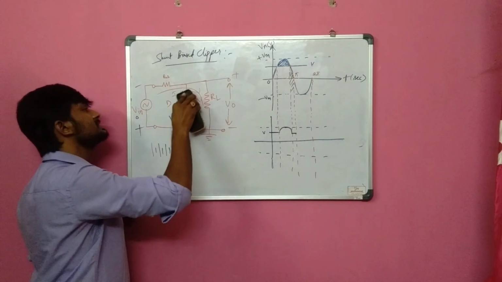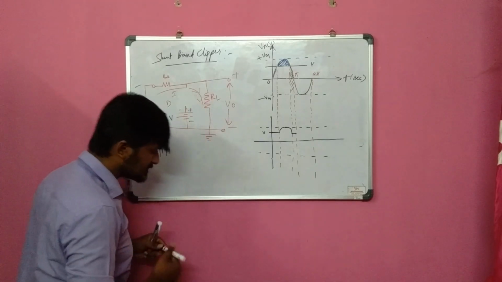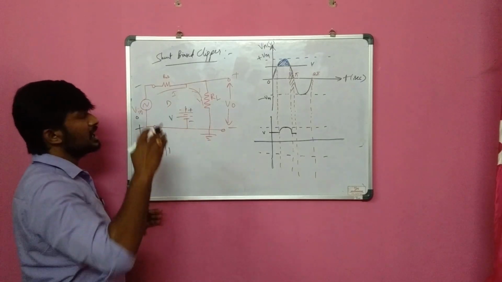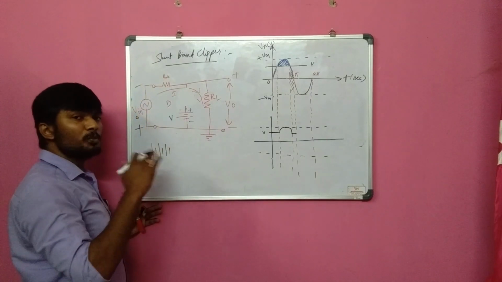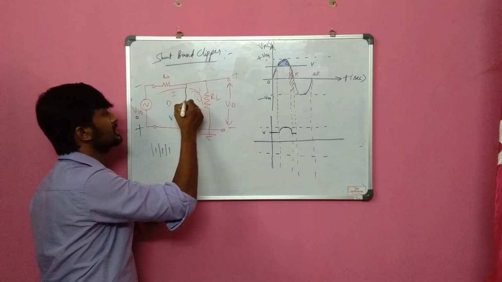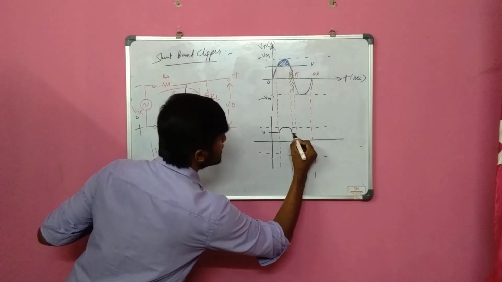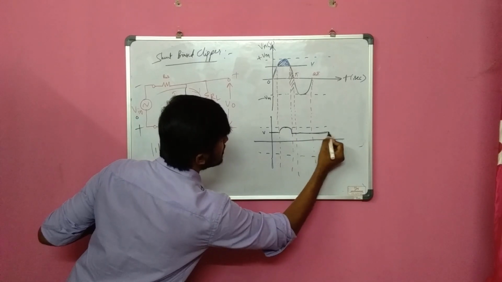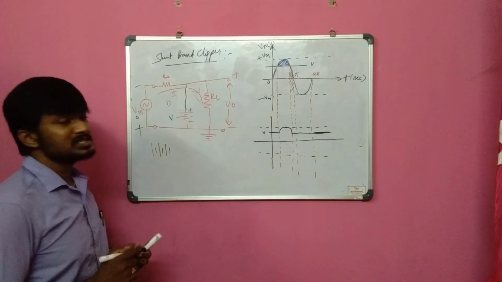See, I am continuously erasing the diode because I am trying to make you understand well. For forward bias, I simply replace the diode with a straight line; for reverse bias, I simply open the circuit. So here again a straight line, and V repeats. For the entire negative half cycle, the reference voltage V continues. So this is the output for the shunt bias clipper.